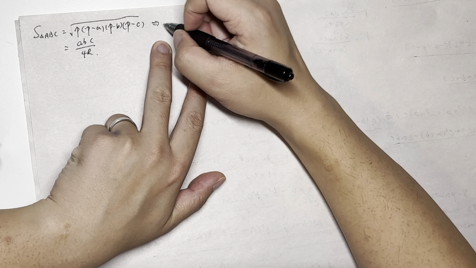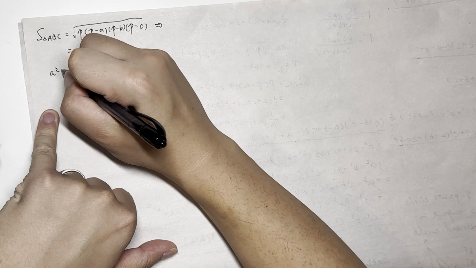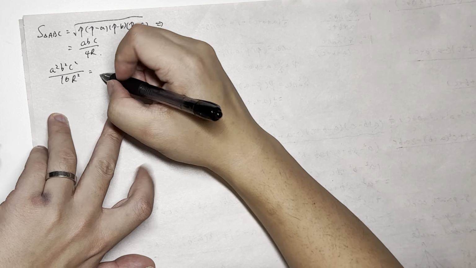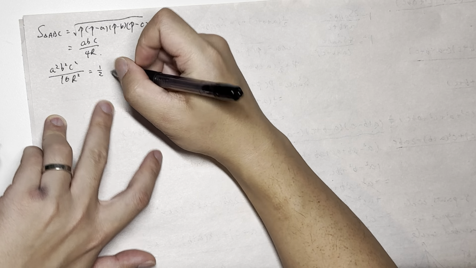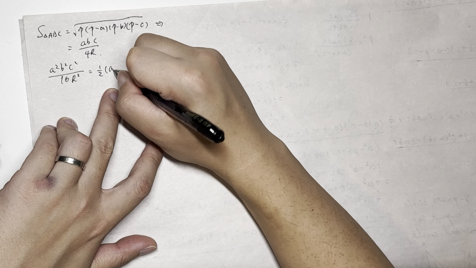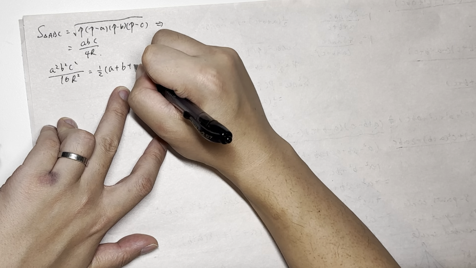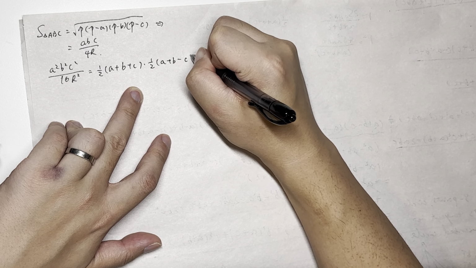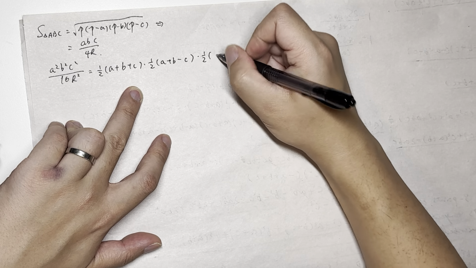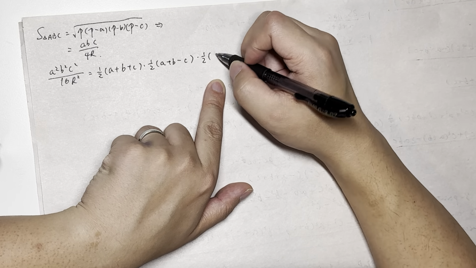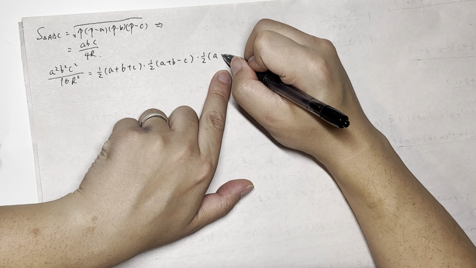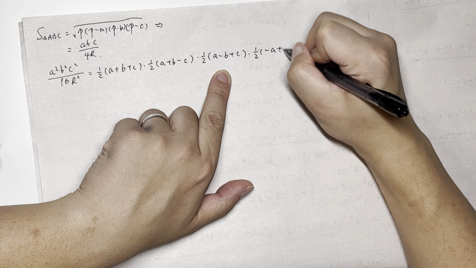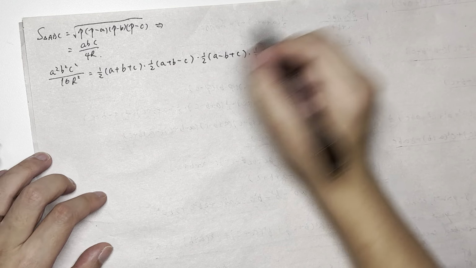Which means A squared, B squared, C squared over 16R squared equals half of A plus B plus C times half of A plus B minus C times half of A minus B plus C times half of minus A plus B plus C, right?